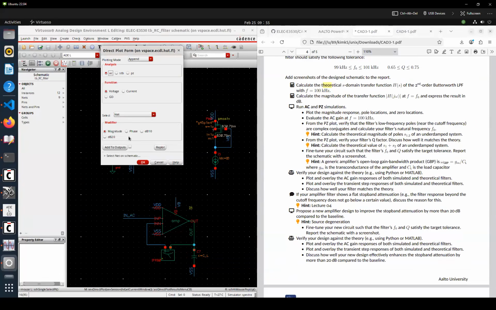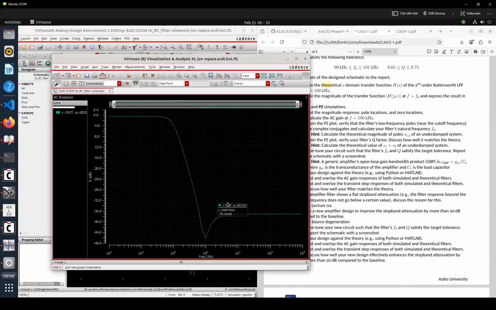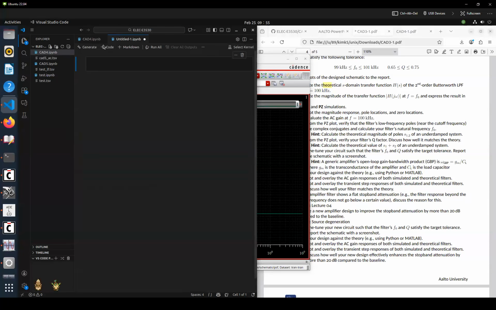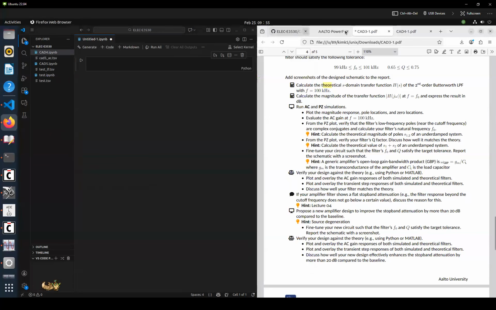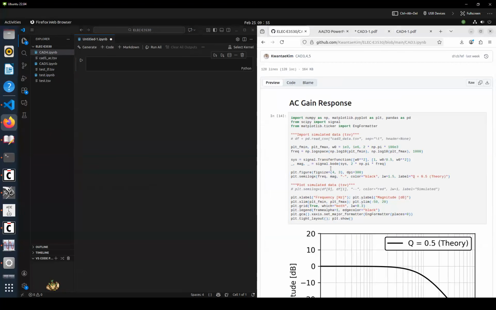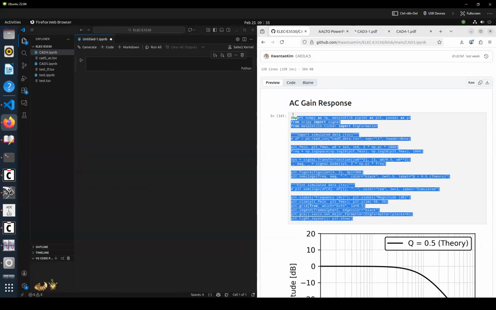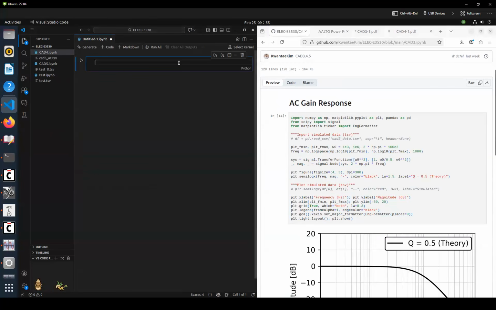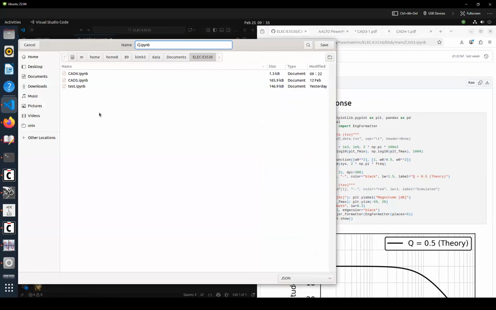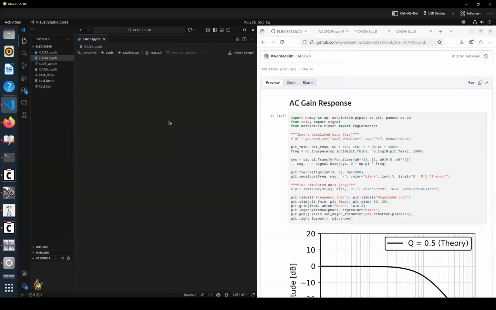Okay, so let me plot AC gain. All right. Okay, and I can prepare your notebook here. So you can go to our GitHub of CAD exercise. Let's name it 83.